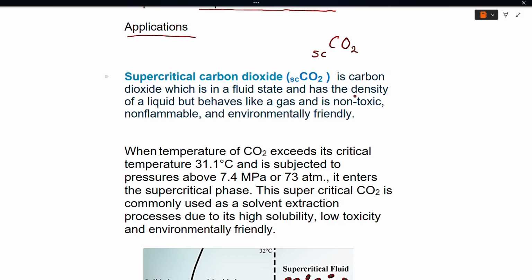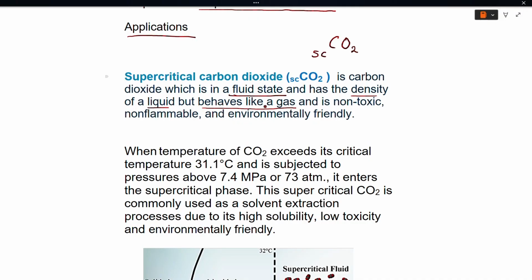Now, it is carbon dioxide in a fluid state, which has the density of a liquid but behaves like a gas. It has the density of the liquid because after liquid it is just getting converted into gas.